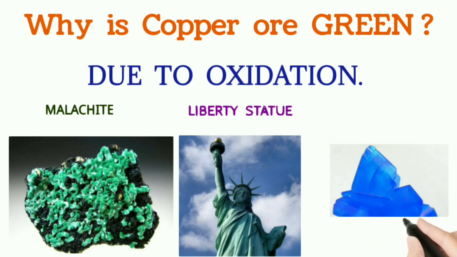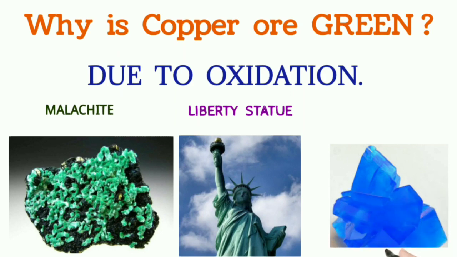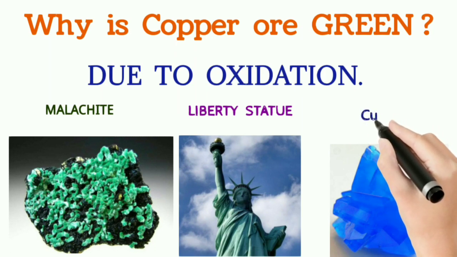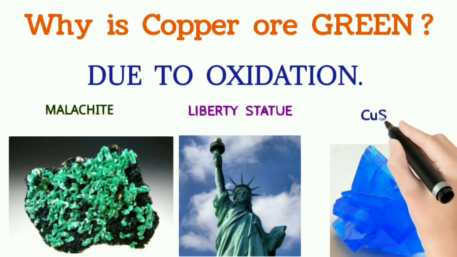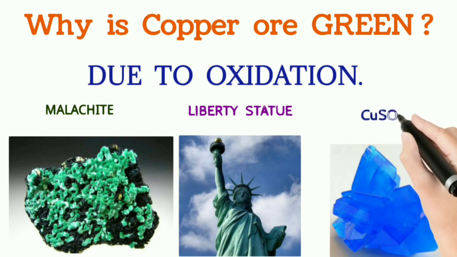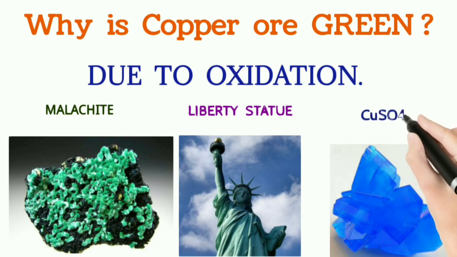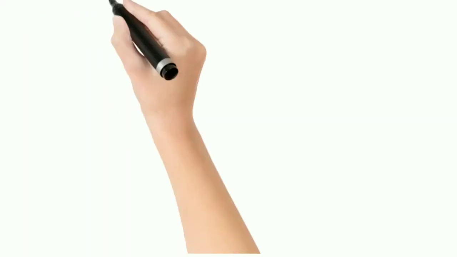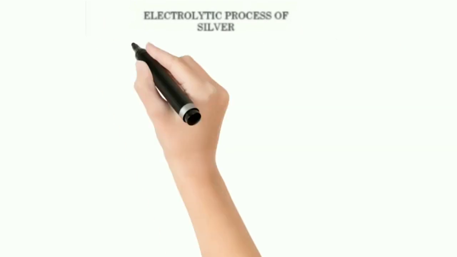So another question: how can I know that the copper is in the pure form? If you see copper in a blue color, that shows that copper is in pure form. So purest copper will always be in the blue color. Most copper is used in electrical equipment such as wiring and motors. This is because it conducts both heat and electricity very well.